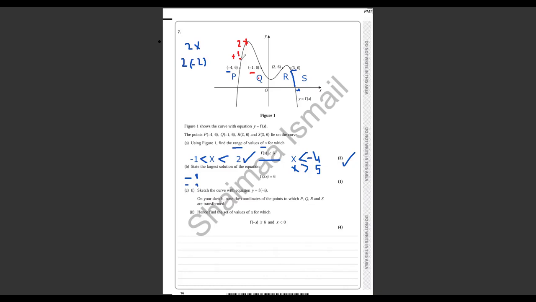positive half, multiplied by negative 1. And here it will be equal to 1. So here we're going to choose 1 here. So it will be 1 multiplied by 2.